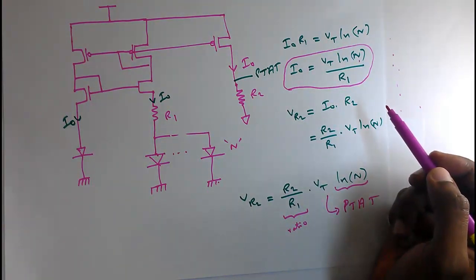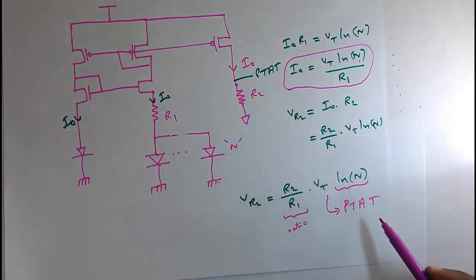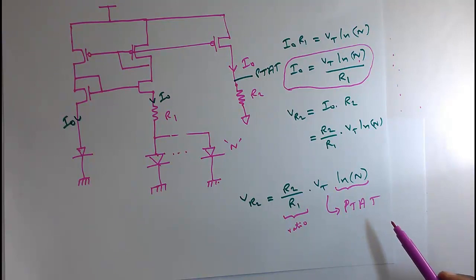We already said that n is the number of diodes we have in parallel, and R1 is a resistor. The resistor will depend a little bit on temperature, but it is not very much. We can ignore that dependency, and Vt is a strong PTAT. So I0 is a PTAT current, but our assumption was the current which is passing through the diode to form a CTAT was a constant current.